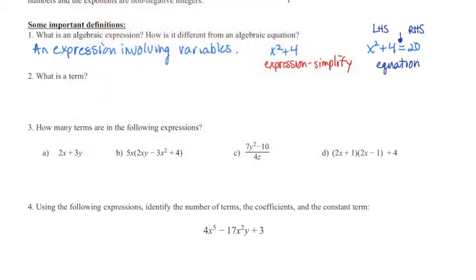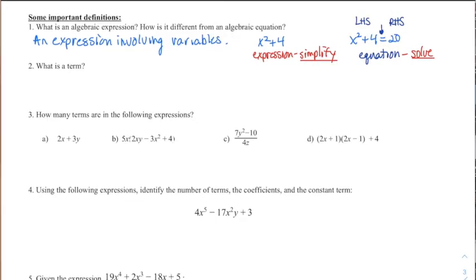And in an equation, the thing you're supposed to do is you're supposed to solve it, okay? So a lot of times, students will tell me that they solve an expression, but that's not actually true. What you're doing is you're simplifying. Okay, so that's the big difference between an expression and an equation. So in this example, for this equation, if I wanted to solve it, what I would actually do is use reverse order of operations.